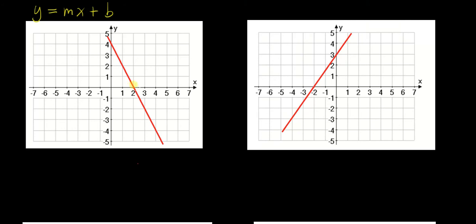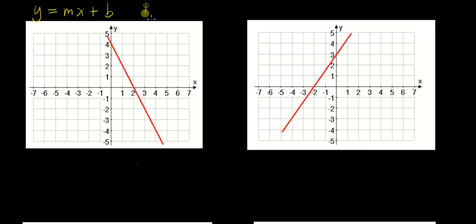Okay, every linear equation can be expressed as y equals some number times x plus or minus another number out here. Every single linear equation can be expressed like this. So really, all we need to do is take this basic template and figure out what m is and what b is. So first of all, let's talk about what b is.